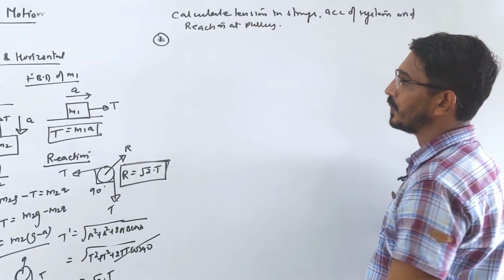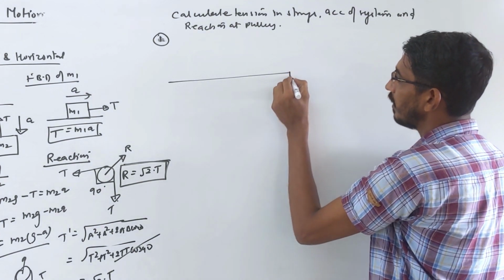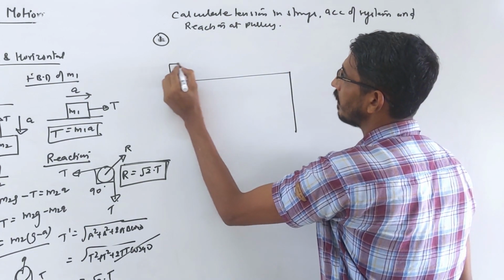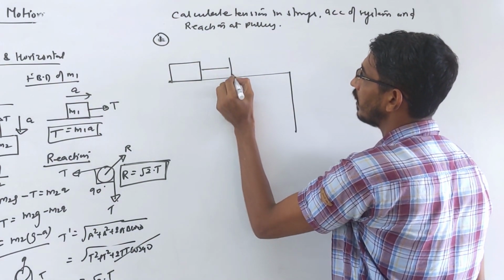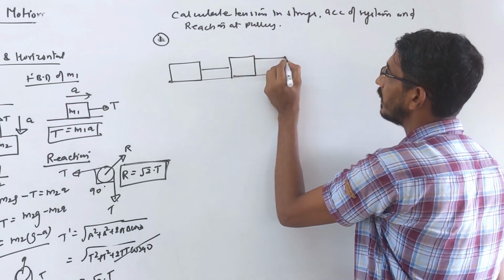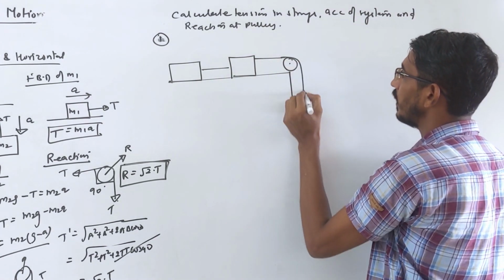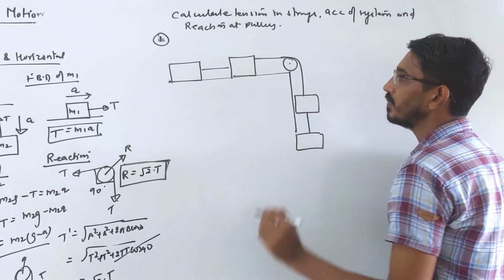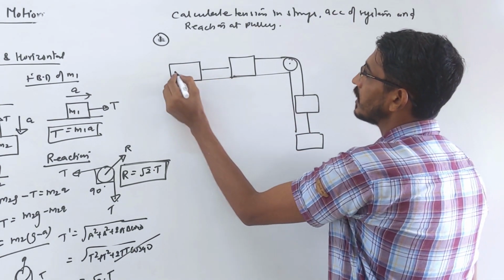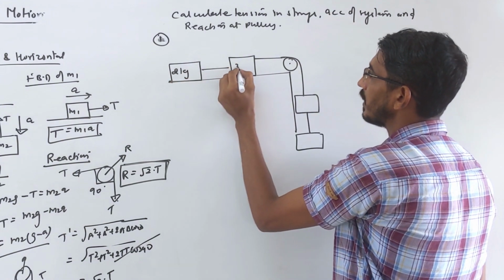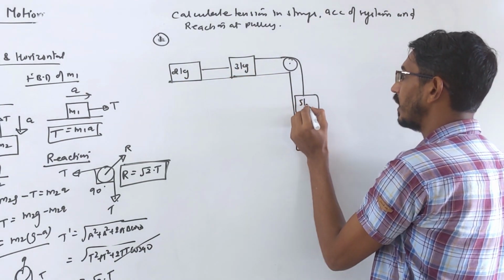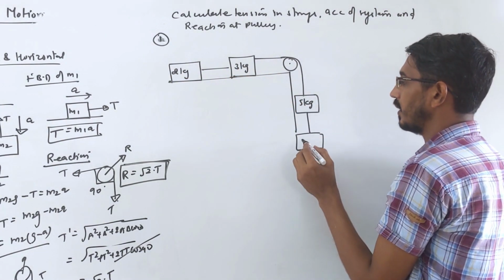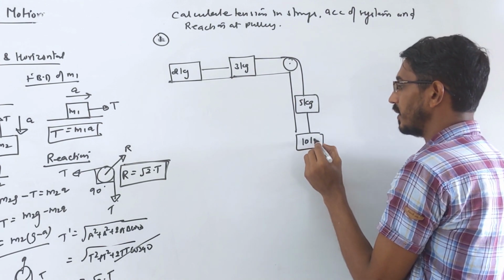Okay, so let's write this table and some blocks are given. Let me write 2-3 blocks, one block here, one block here, then they are passing over a pulley, and one block here. Let's call this block 2 kg, this block 3 kg, this block 5 kg, and that block, let's say 10 kg, doesn't matter.